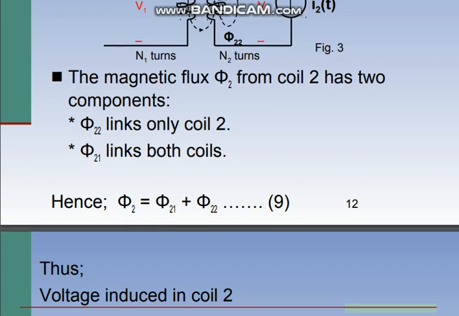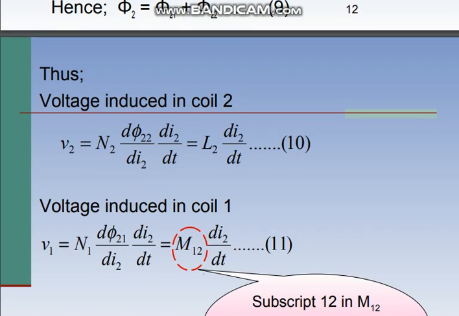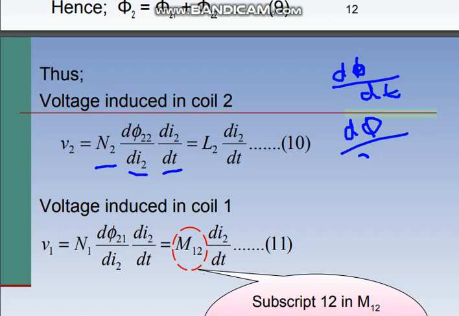So thus the voltage induced in coil 2, V2, is equal to N2 d phi 22 divided by di2, times di2 divided by dt, that is previously known. As we know d phi by dt, we just replace this as d phi divided by di, and then multiply by di divided by dt.